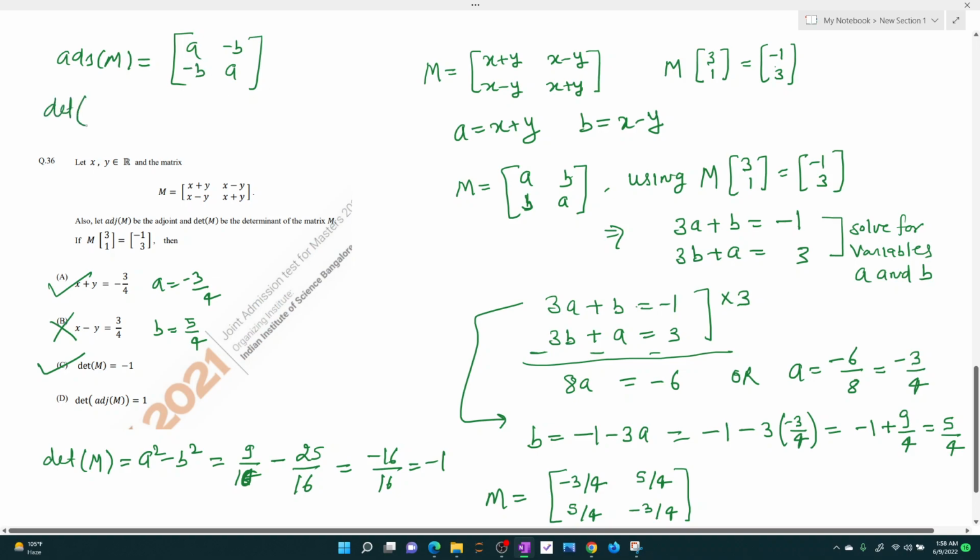Therefore, the determinant of the adjoint of M is a square minus b square, which is the same as the determinant of M, right? And this again comes out to be minus 1, not plus 1. So option D is also wrong. Hence options A and C are correct.